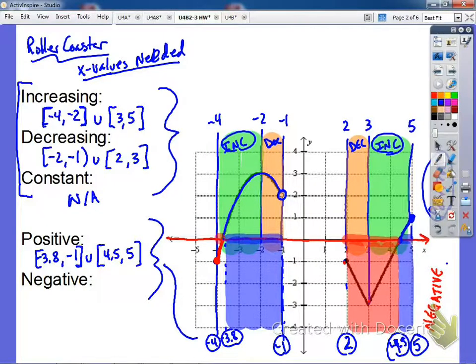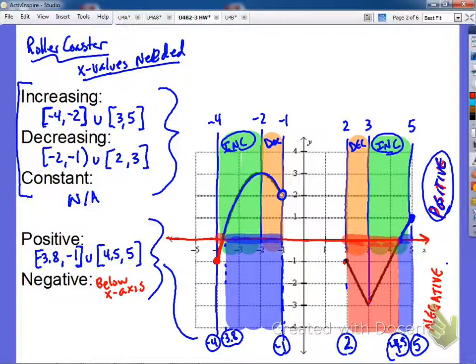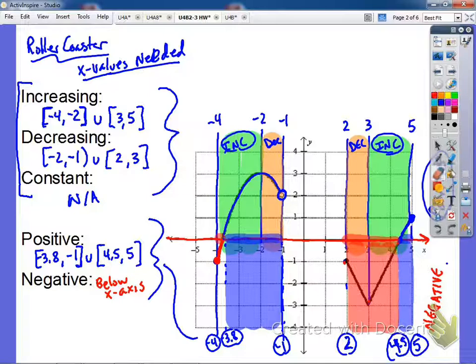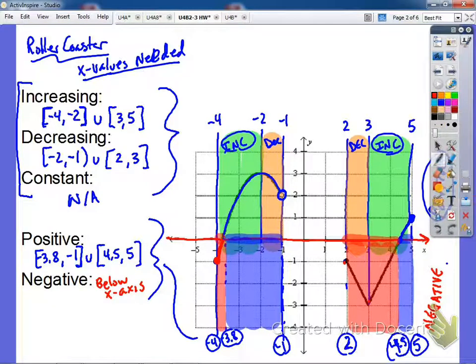Okay, so where is this graph below the x-axis? And I highlighted it here in red. You can see it. So that would be, what's the interval?